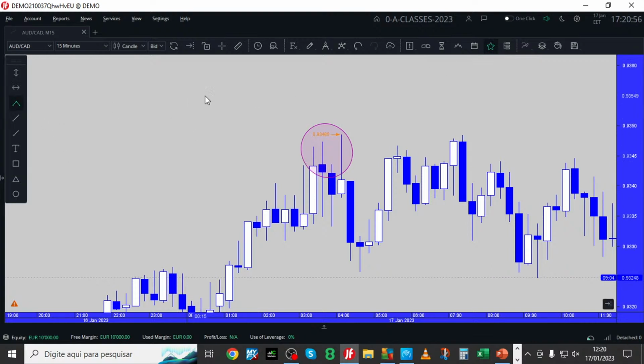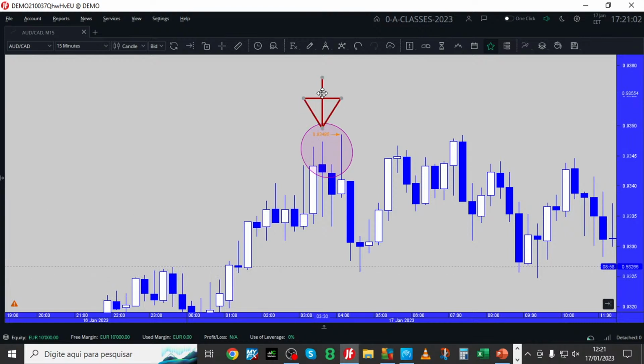Yes, I am trying to trick everybody. Is this center candle, red arrow pointing at, is this a high? Does this center candle, the blue one, have 2 candles on the left and 2 candles on the right with lower high values?